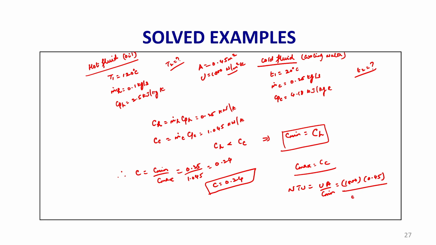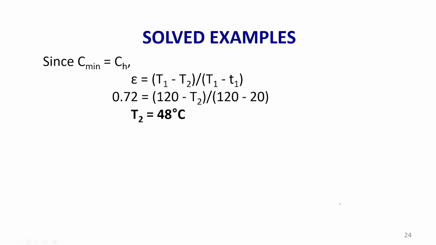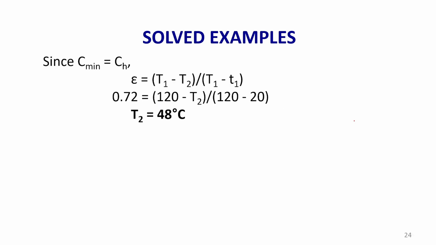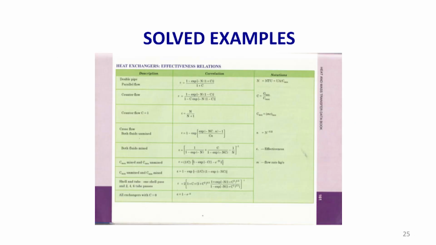So, 0.25 into 10 power 3. You will get NTU as 1.8. That is what I have calculated, NTU is 1.8. Here I am going to use the relation from the heat and mass transfer data book, but we can use the chart also, page number 161, double pipe parallel flow.